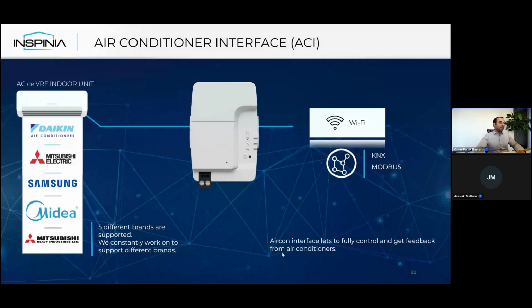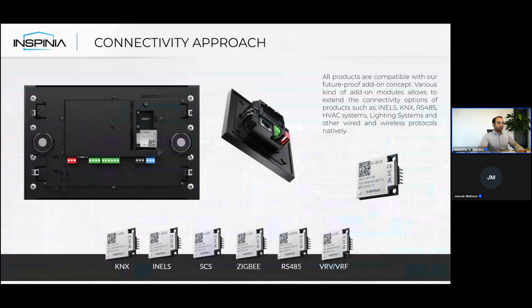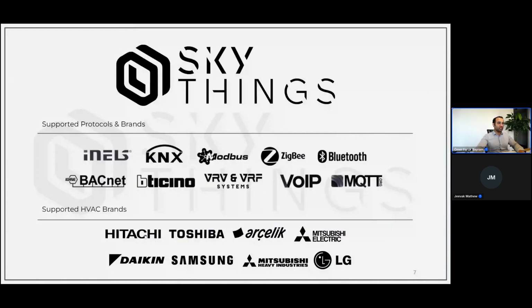These are our supported brands. It's a little limited compared to the VRF side, because for our VRF add-on modules, the supported range is bigger than this range. Hitachi, Toshiba, Arçelik, Mitsubishi Electric, Daikin, Samsung, Heavy, and LG.